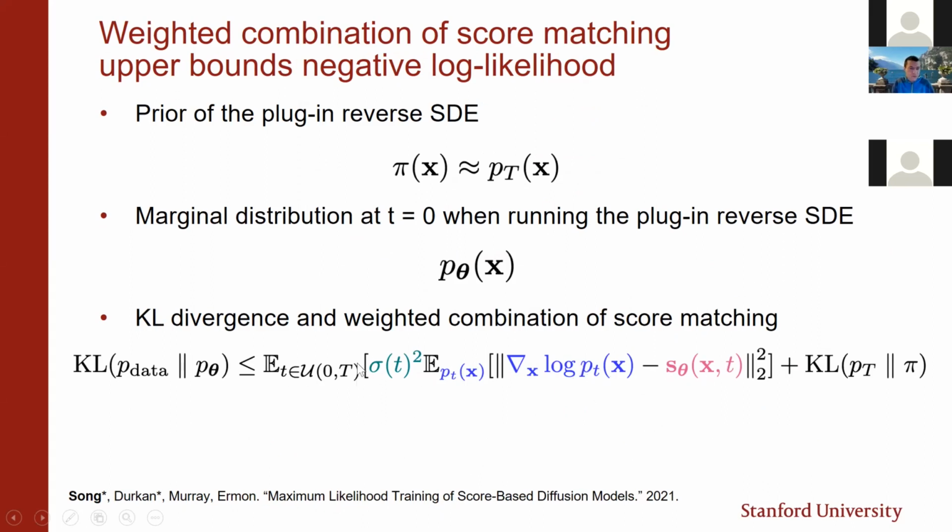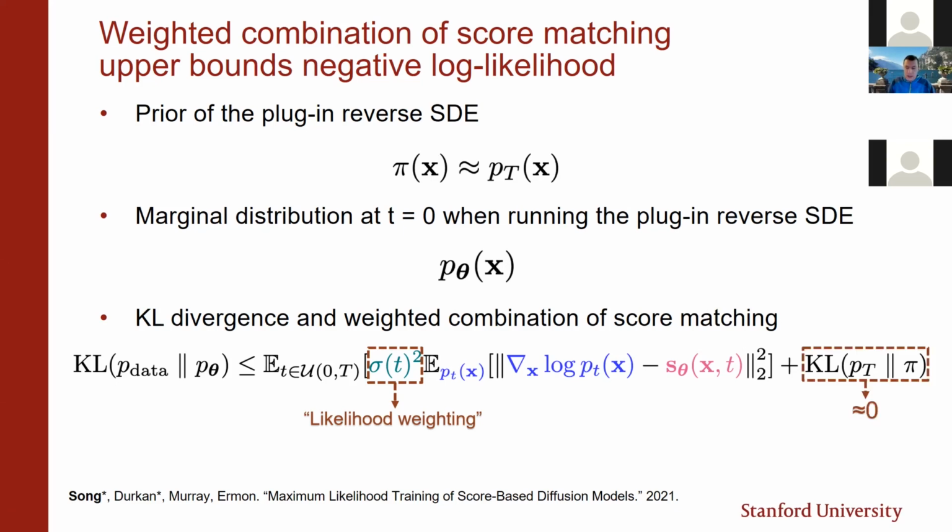There's some coefficient that we use to choose how much we care about the different noise intensities. It turns out that there is a choice of weighting such that the objective function we were optimizing by doing score matching is actually an upper bound to the KL divergence between the data and the probability distribution that you get by solving the reverse SDE.